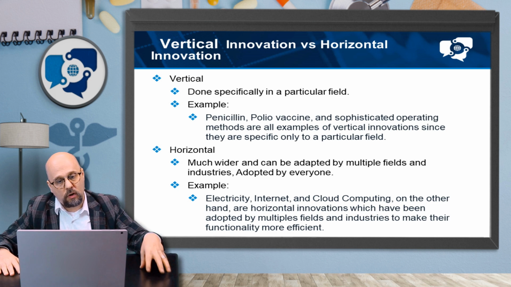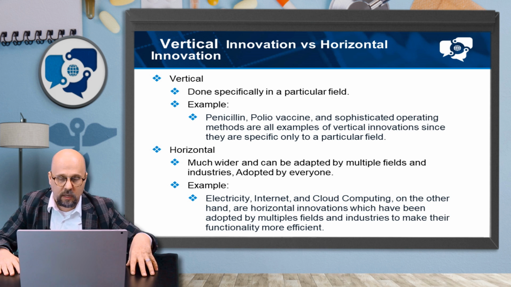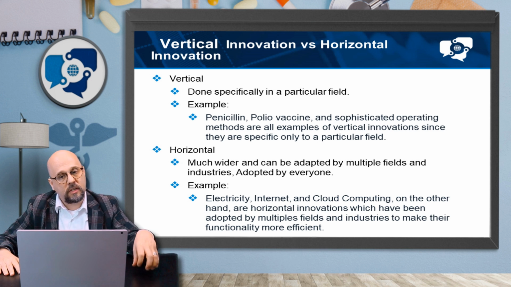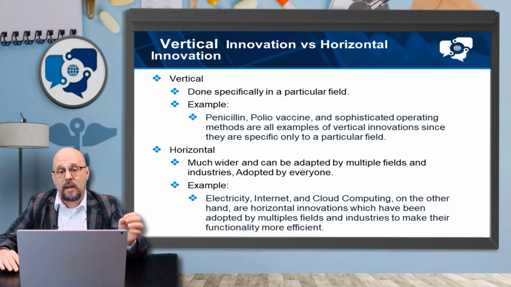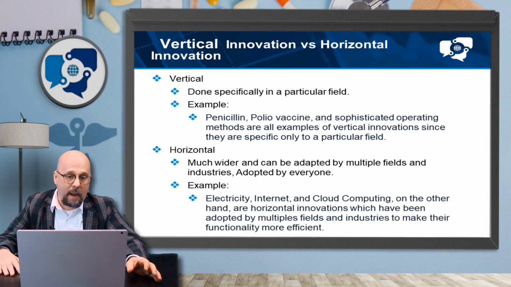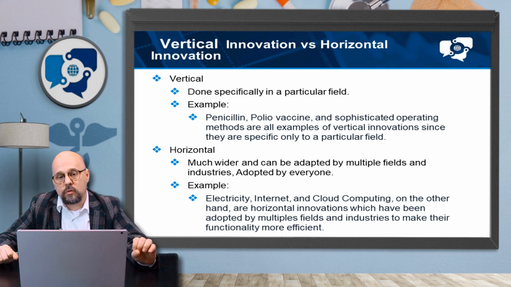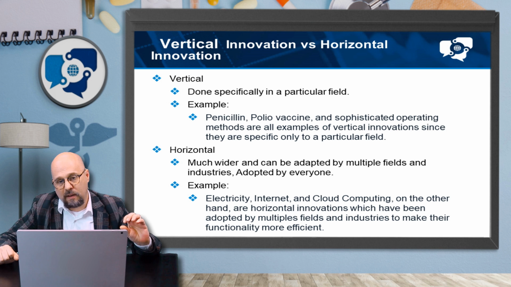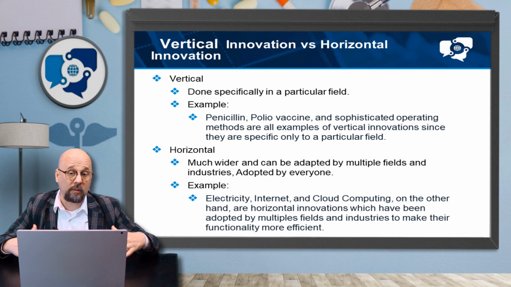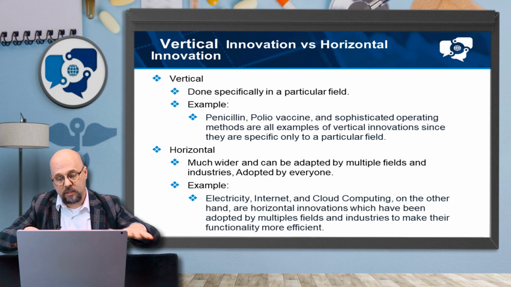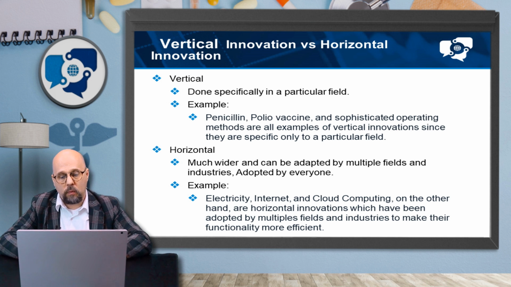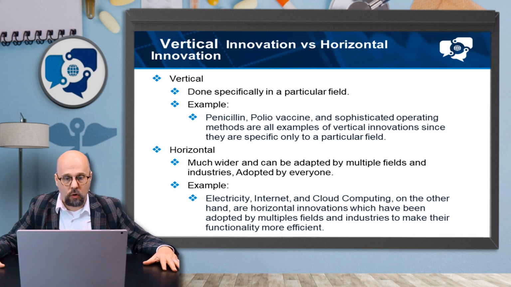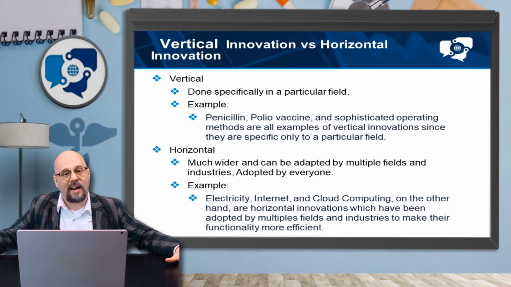So when we think about vertical innovation versus horizontal innovation, again, vertical innovation is done specifically in a particular field. So as an example, penicillin, polio vaccine, maybe a sophisticated operating method, or maybe other things like that would be examples of vertical innovation, but it's not necessarily a horizontal innovation because it just touches a particular field or particular piece of the industry.